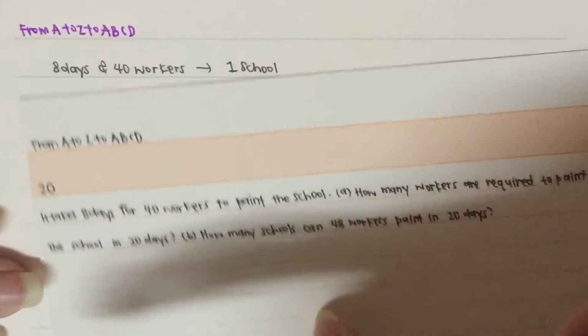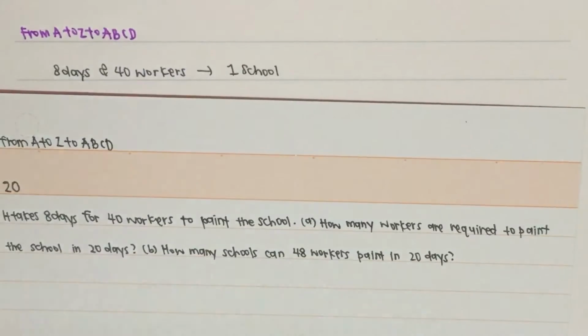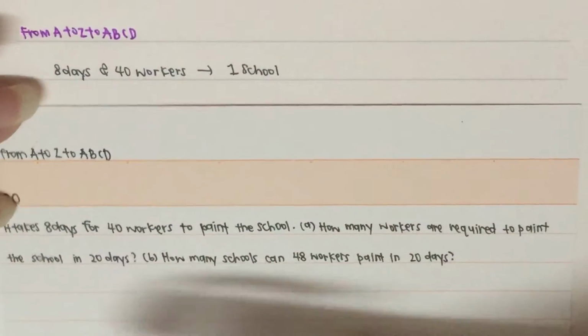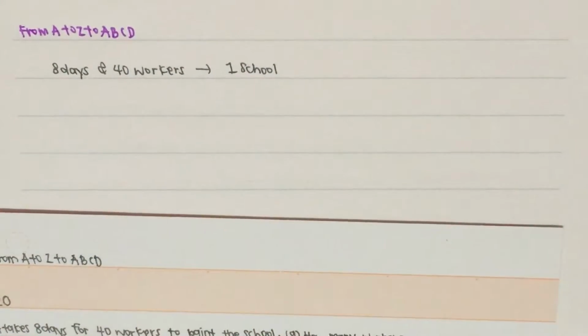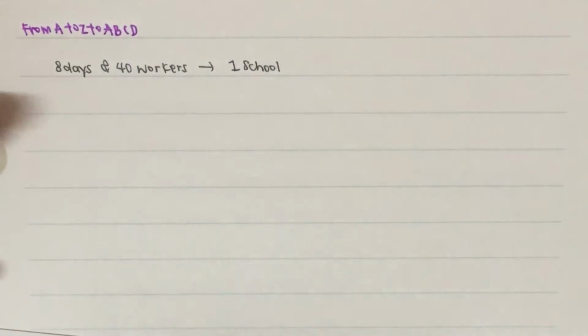So the first step to this question is to write down the general picture, which is 8 days, 40 workers paint one school. Basically, just a pictorial image. So you know the timeline, right?